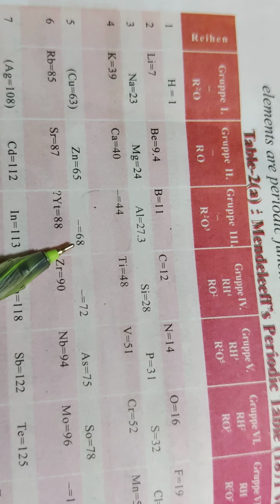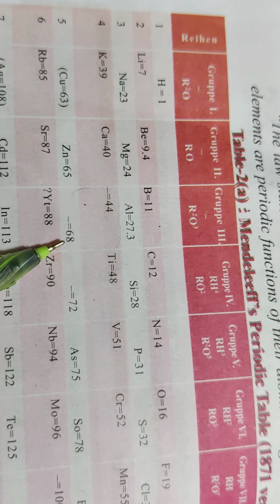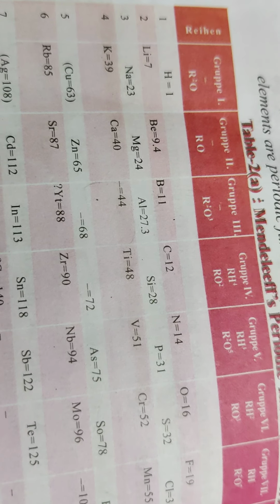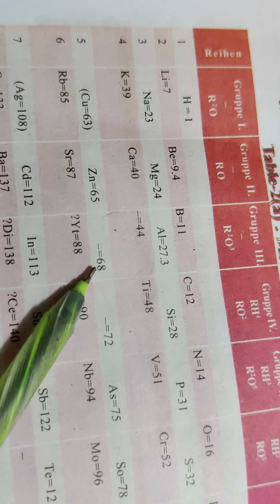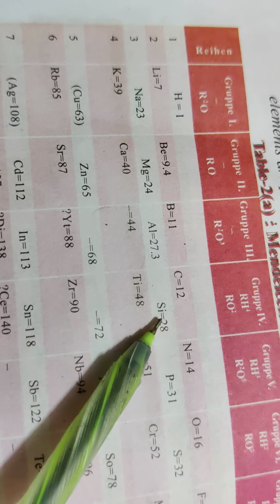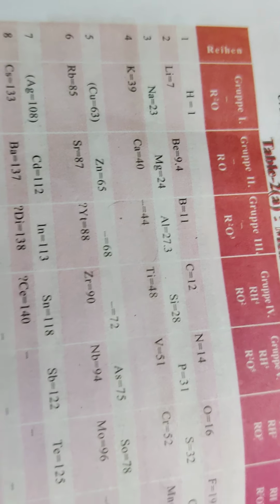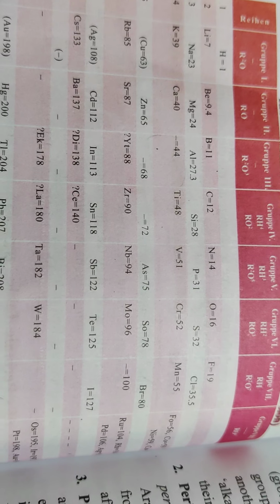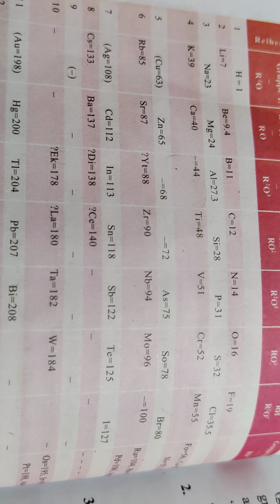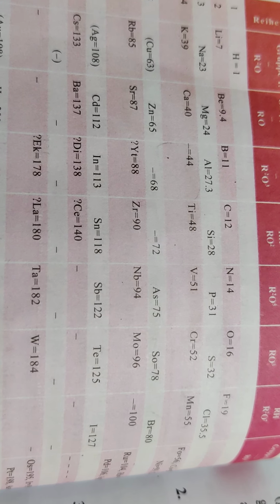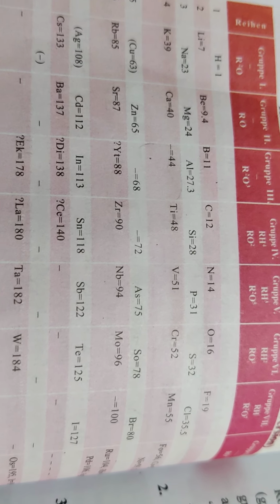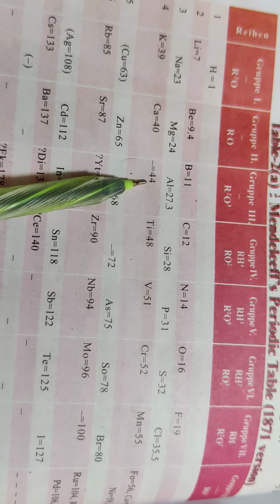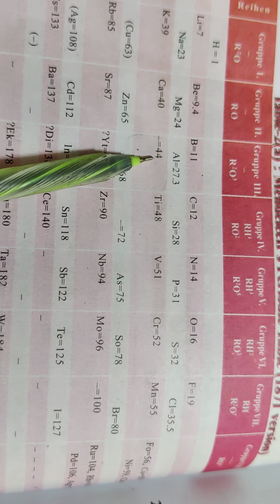So he predicted the unknown elements which would be discovered later, and he left places in the periodic table, like below silicon. So he left some gaps in the periodic table, and for these elements he gave names. For the one with atomic weight 44, he gave the name eka boron.